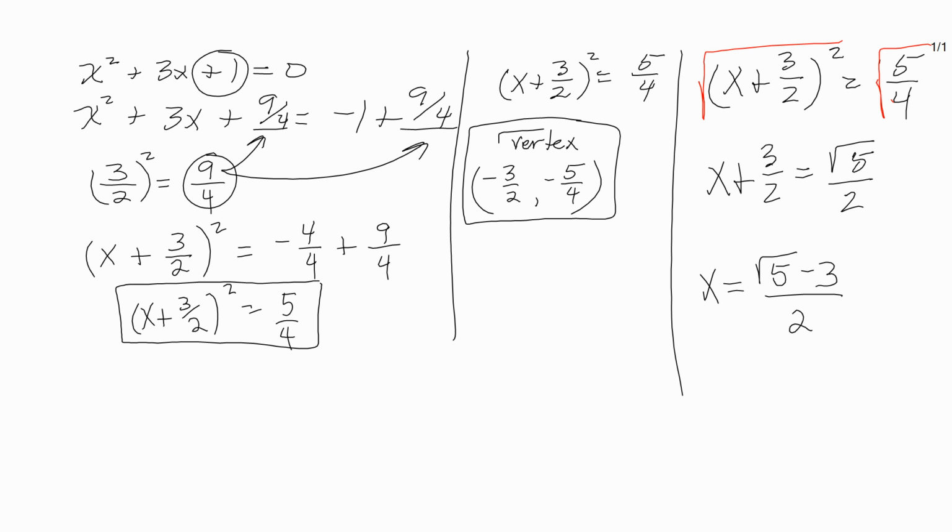Now square root of 5: square root of 4 is equal to what? 2. So square root of 5 is probably 2.2. Somebody do it on your calculator. It's a miracle. X is equal to 2.2 minus 3 over 2. So what's 2.2 minus 3?